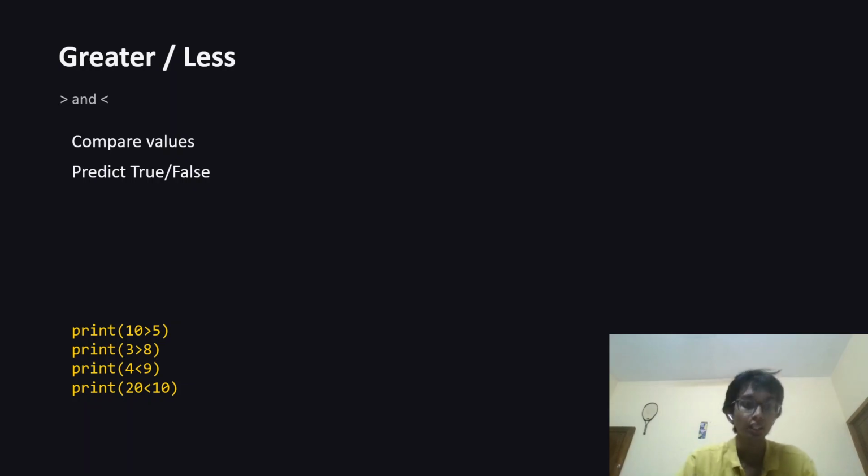First of all, we have some code here. Once again, with greater or less, we are provided with Boolean values, true or false.